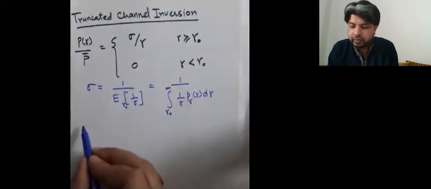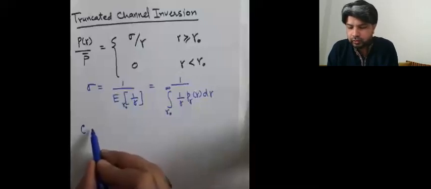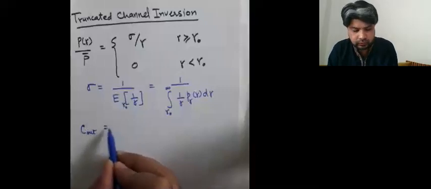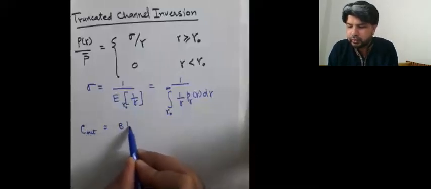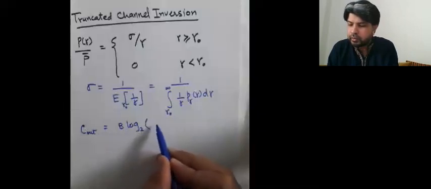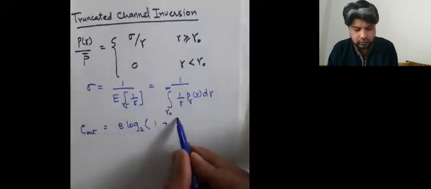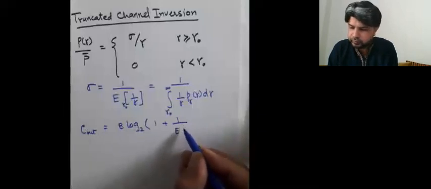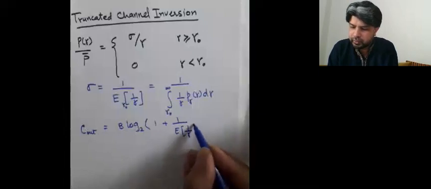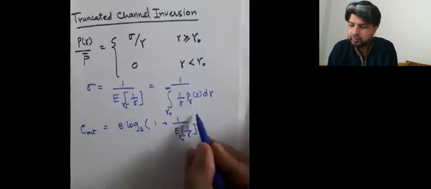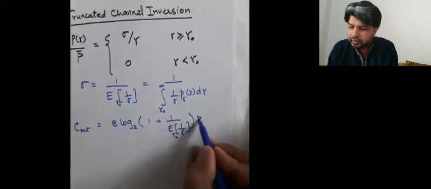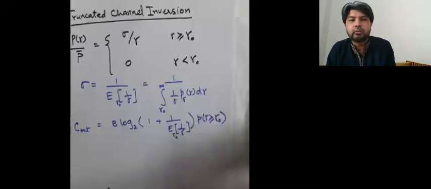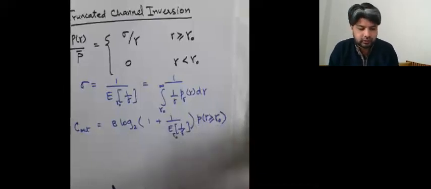And then the capacity with some outage, we can call it C out, would be equal to B log base 2 of 1 plus 1 over the expected value of 1 over gamma, but you put a small gamma naught here, and that must be multiplied with the probability that gamma is greater than or equal to gamma naught. In other words, you need to multiply with the probability of non-outage.